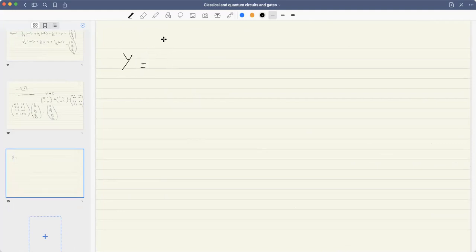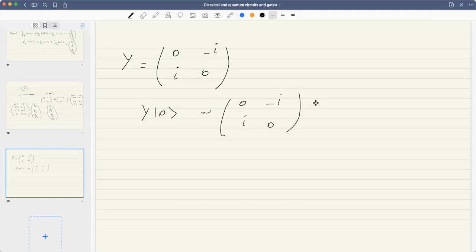which is very similar to X, but it has a minus i and an i here. So let's see what Y does on 0, for example. It's going to be 0, minus i, i, 0, acting on 1, 0.